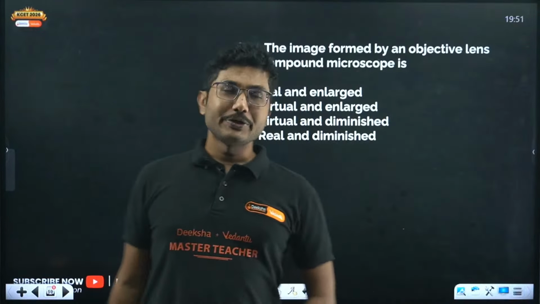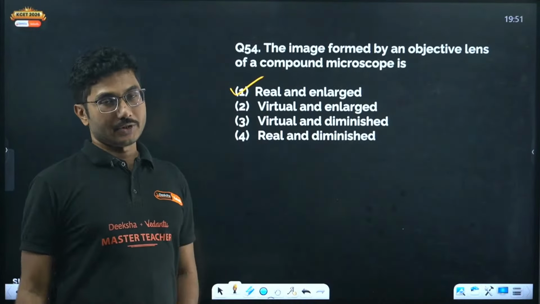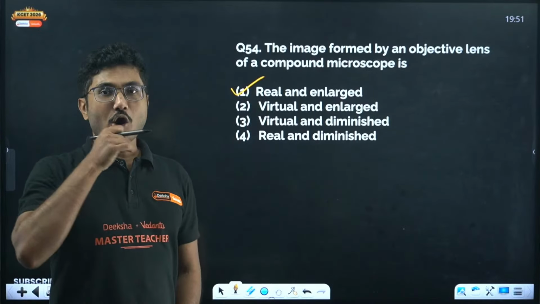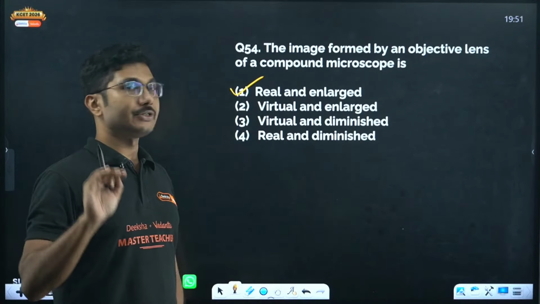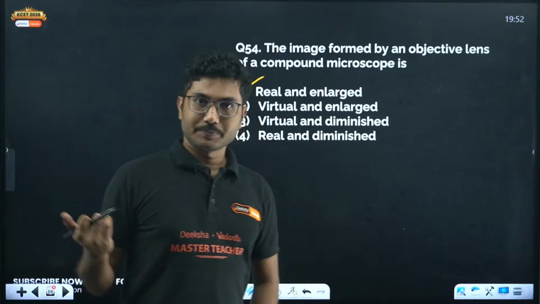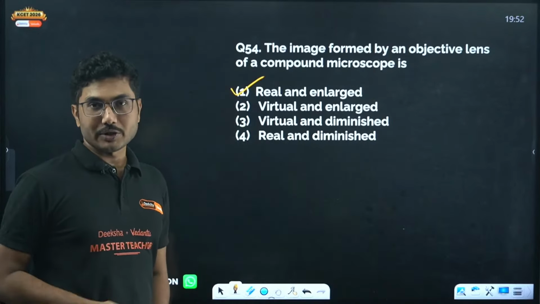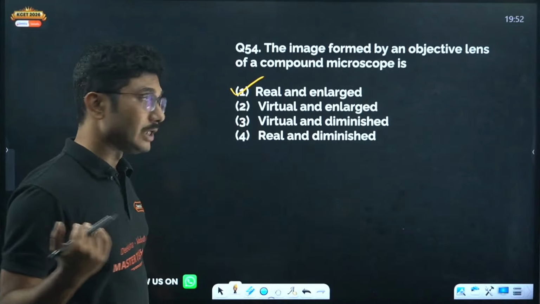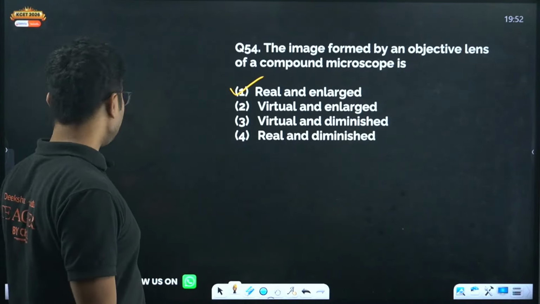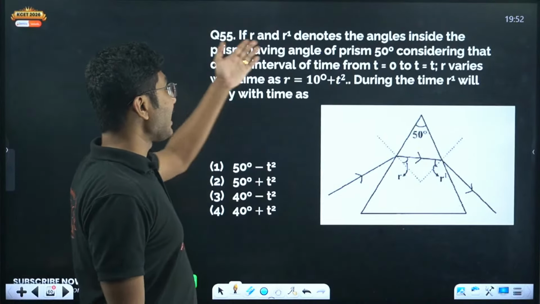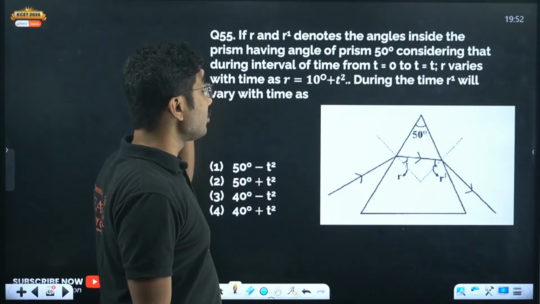Objective always forms real images, be it microscope or telescope. Eyepiece always forms virtual images. Objective always forms real images. Remember this.